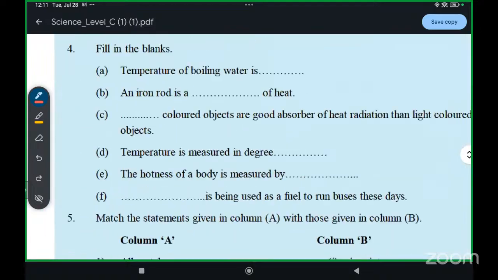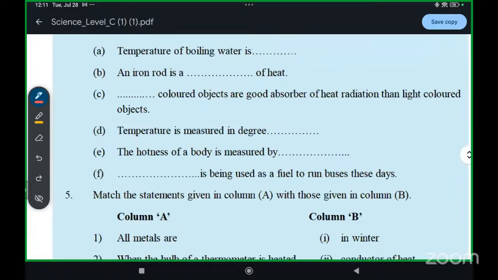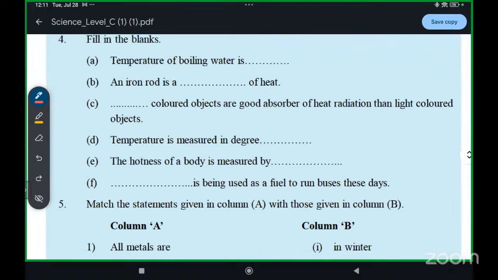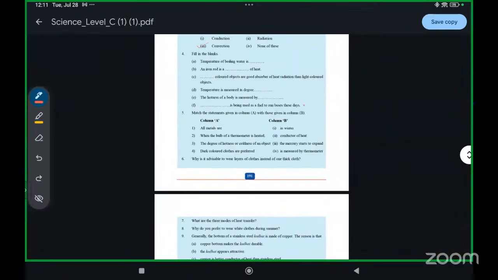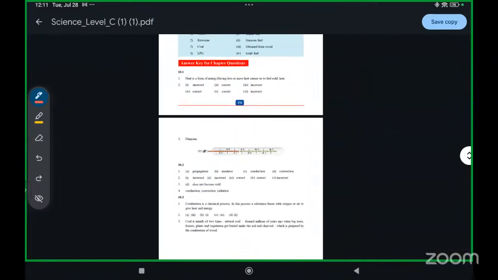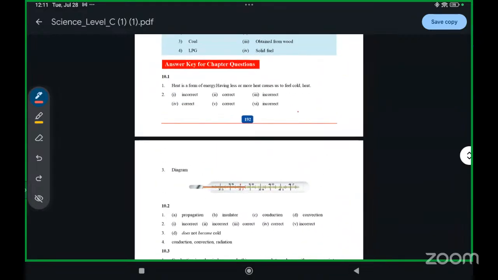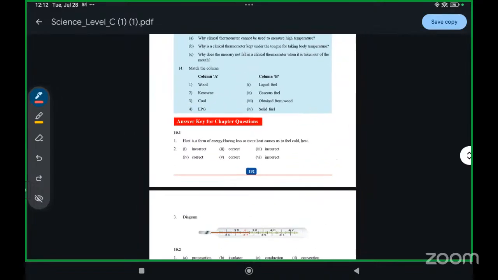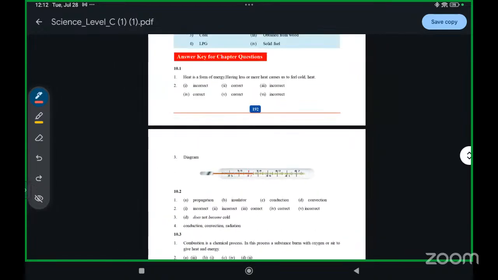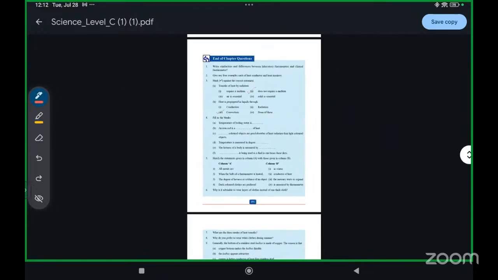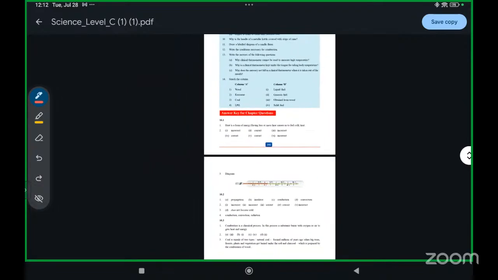Now, temperature of boiling water is, did it come directly in the chapter? I'm not sure. I'll have to check this. It's not given.